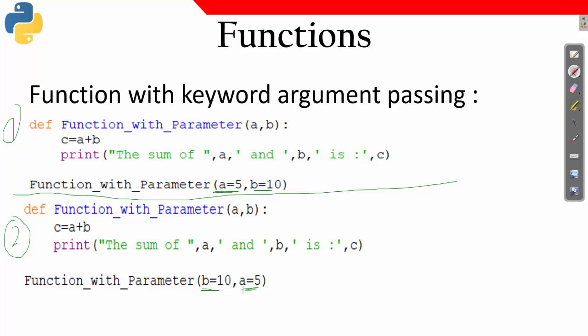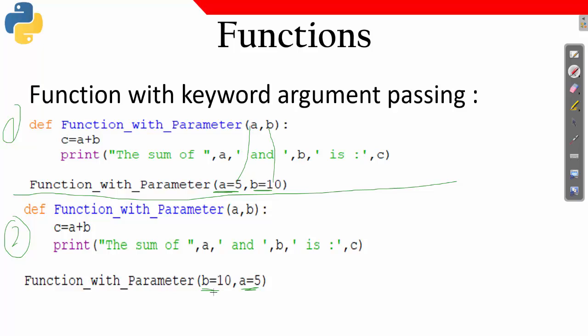As I have mentioned the value of the parameter by keyword, when I say a equal to 5, whether it appears first or second, a's value will be assigned 5 only and b's value will be assigned 10 only.